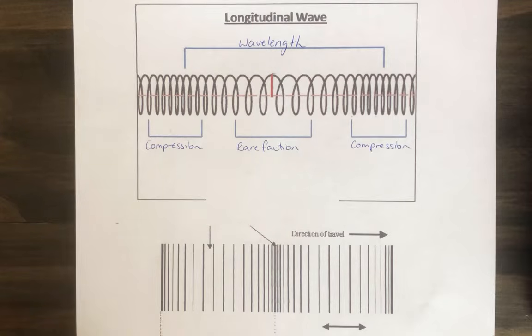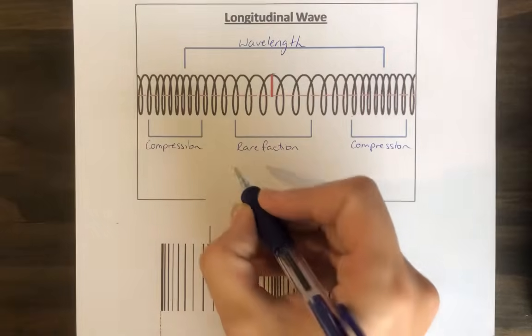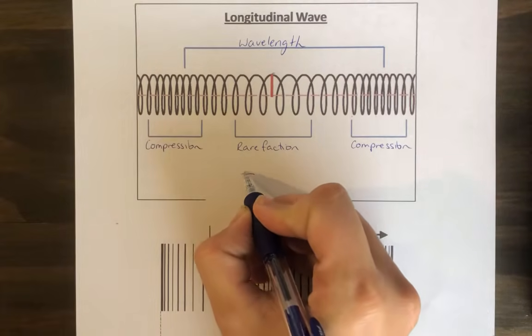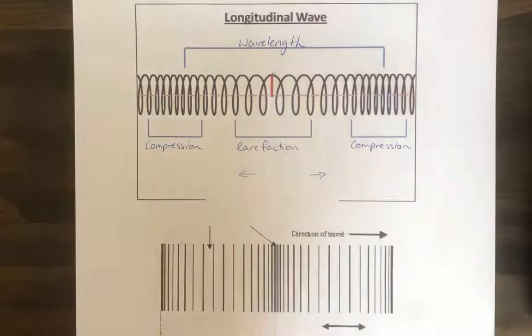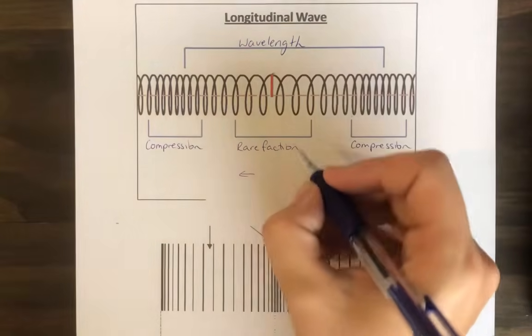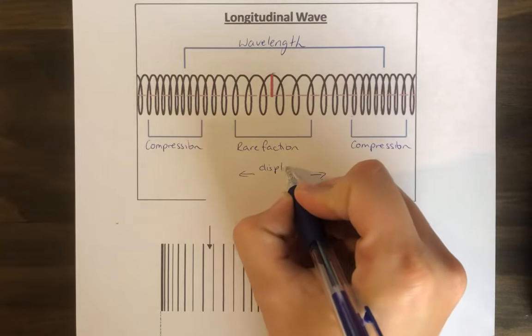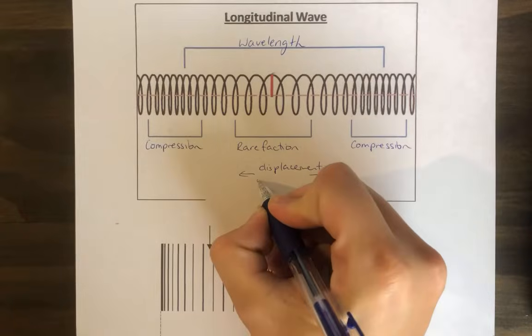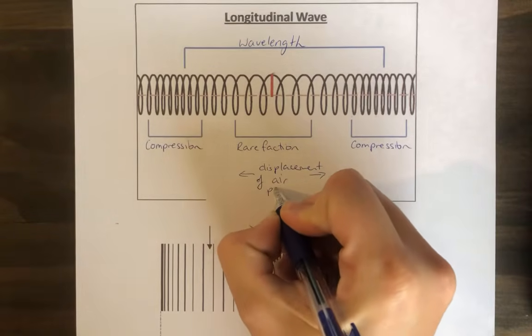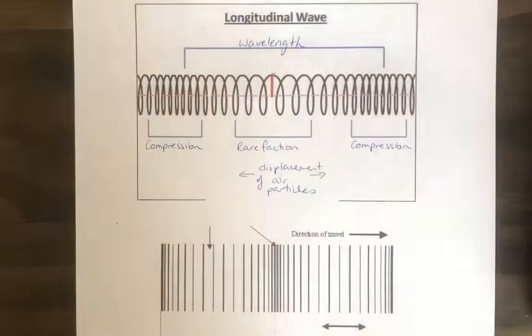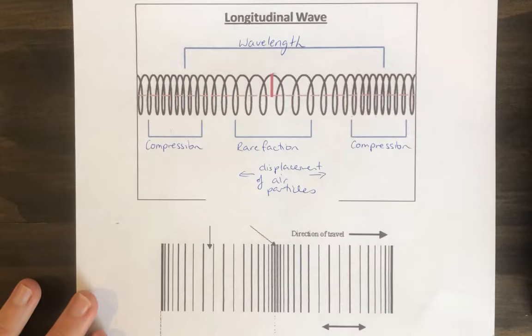And remembering that in a longitudinal wave, the displacement of the particles is in the same or opposite direction to the wave's travel. So this is the displacement. In this case, the displacement of the air particles or whatever the medium is that the wave is being transferred through.